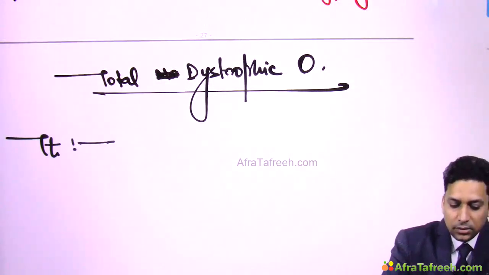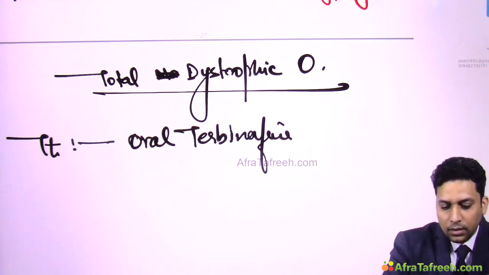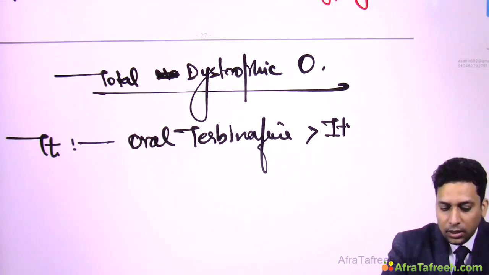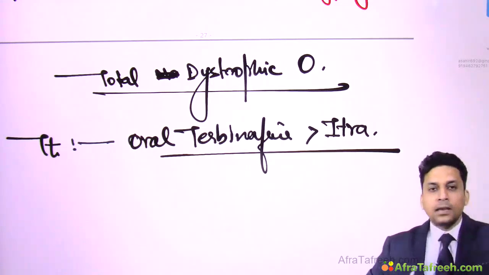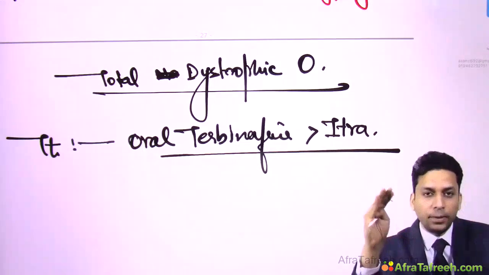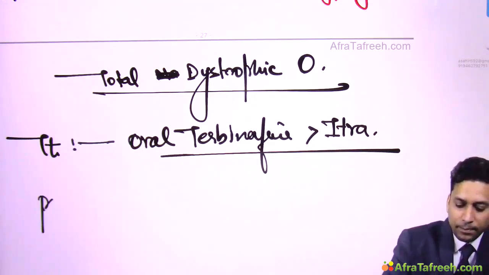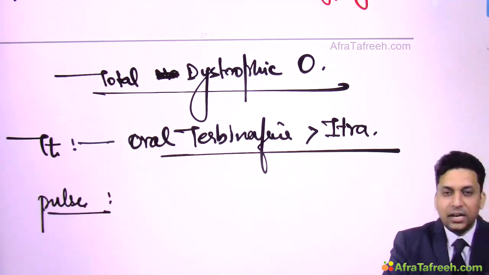Treatment here is again the same, that is, as I told you, oral terbinafine and oral itraconazole. Now the dose is slightly different. Why? Because here we need to give this for a very long period. If you keep on giving daily, then it might lead to side effects of these drugs. So that's why we give pulse therapy. When we give pulse therapy, we double the dose.